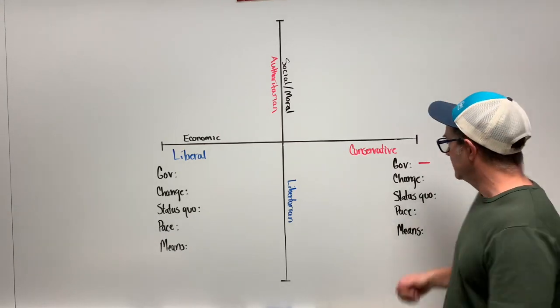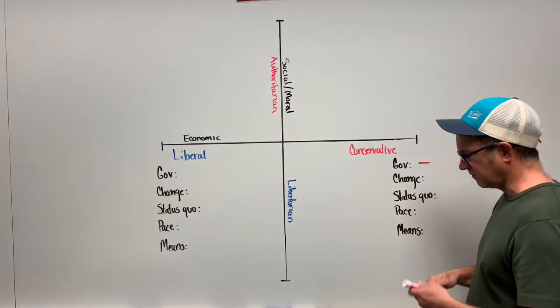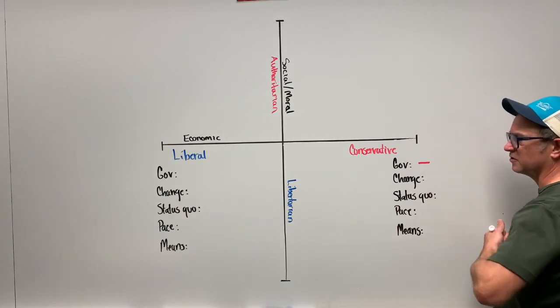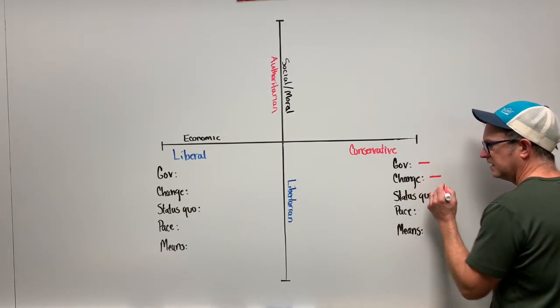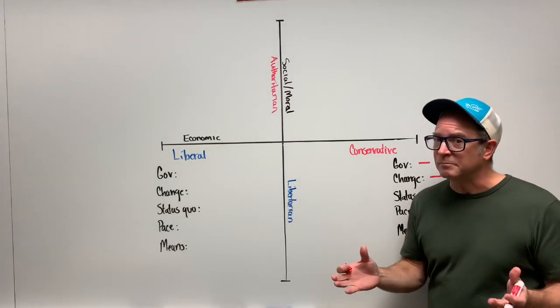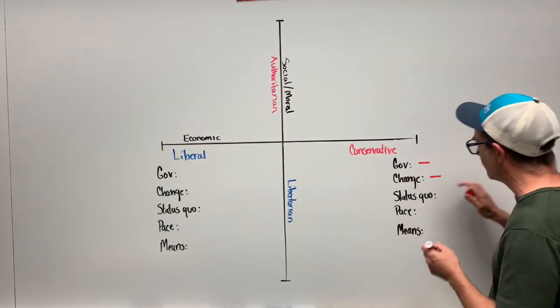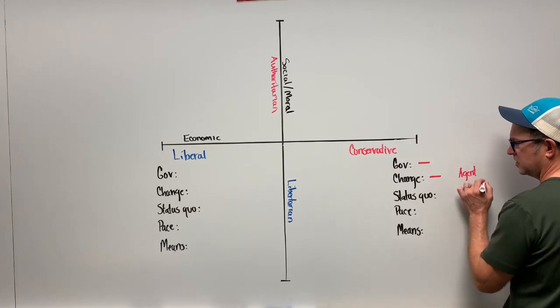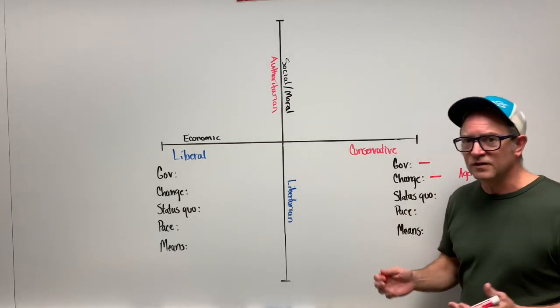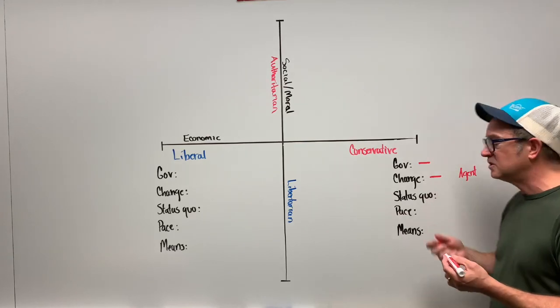Okay? And then we get to change, and that kind of goes here. So conservatives basically don't like change. If change does need to happen, over here we're going to say agent of change. Who should be making the change? If you're a conservative, you don't want government to be instituting the change.